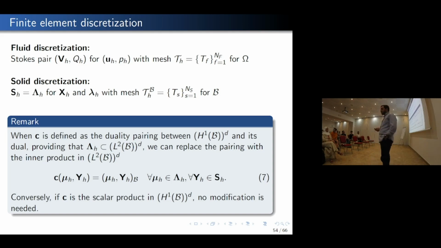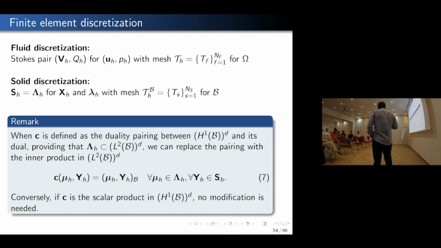Now we consider the finite element discretization of the stationary problem. For the fluid part, velocity and pressure, we choose a Stokes pair V_H, Q_H on a mesh T_H defined on the container Omega.